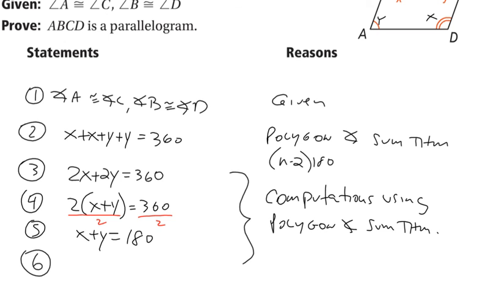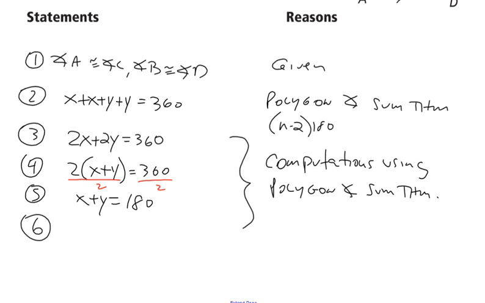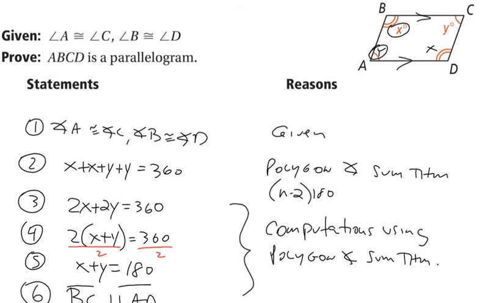If x plus y is equal to 180, let's take a look at these two, x and y. That means that BC and AD must be parallel. Line segment BC must be parallel to line segment AD. And what else?